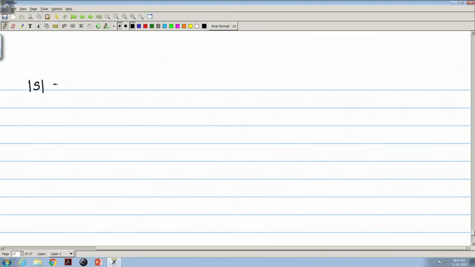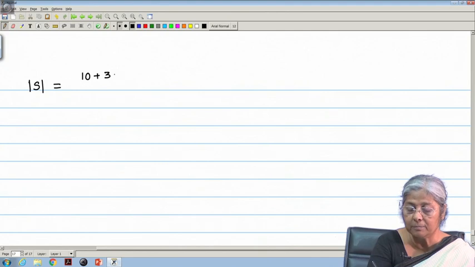So, now we use the R combination of a multiset. How to compute the R combination of set S? So, S, I can write, is 10, because it is 10 combination 3 type.